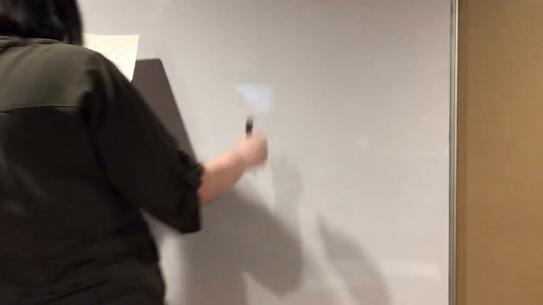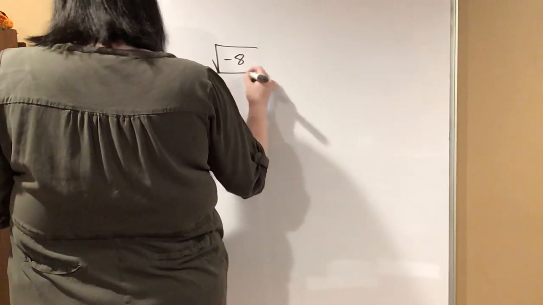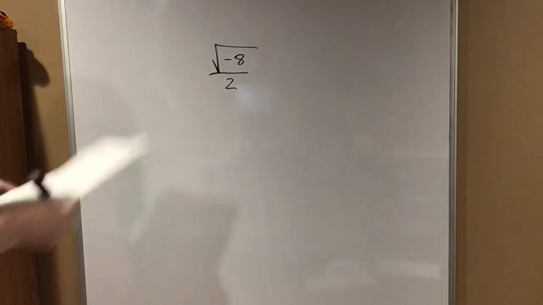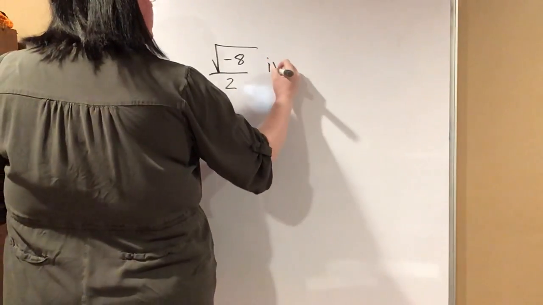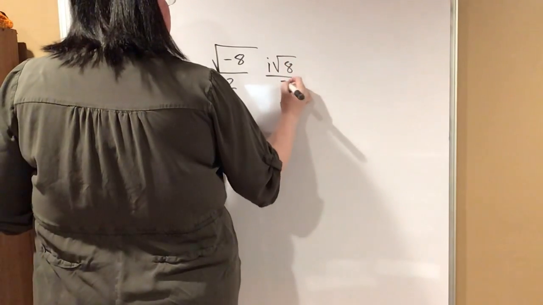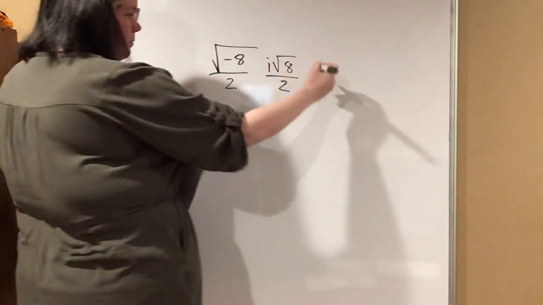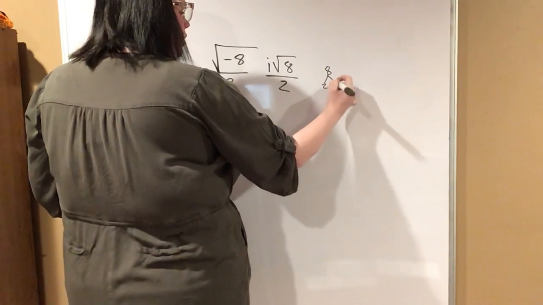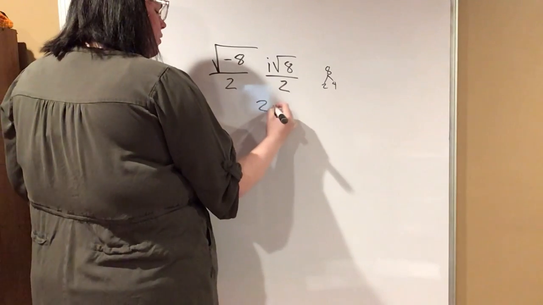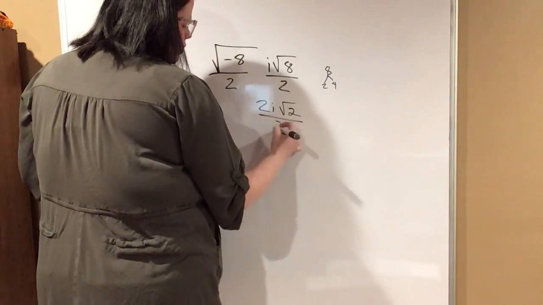So if we're given this, the square root of negative 8 over 2, first step, pull the i out. i square root of 8 over 2, simplify what we can. 8 splits into 4 and 2, so we pull the 2 out, so 2i square root of 2 over 2.